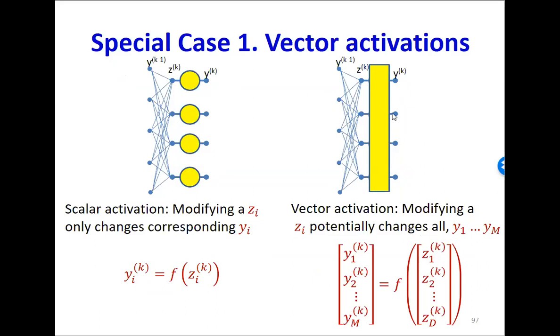Modifying any Z potentially changes all the Y's. So here I can write this in terms of a bunch of scalar functions. Each Y is a scalar function of a scalar Z. I cannot write this kind of activation in this manner. Here I have a vector Y, which is a function of a vector Z.